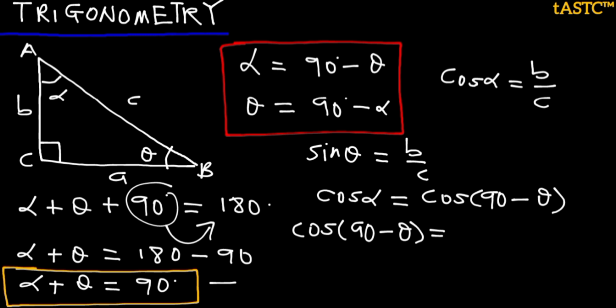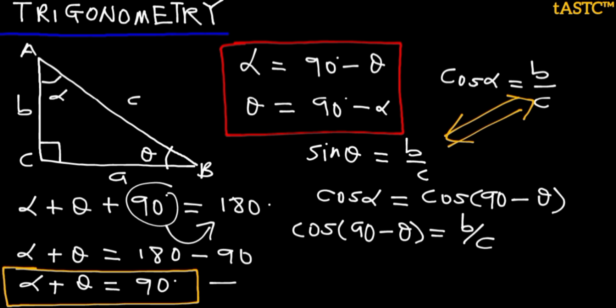Now notice that these two are actually equal to each other. Sine theta is equal to cosine alpha, which is equal to b divided by c. Now another way to write cosine alpha is actually cosine of 90 minus theta. So from this place, we can find that cosine of 90 minus theta is equal to b divided by c.